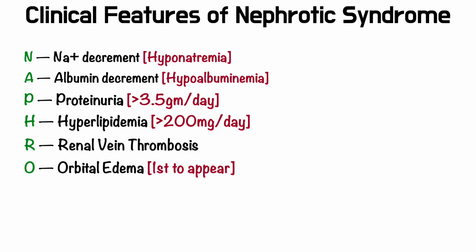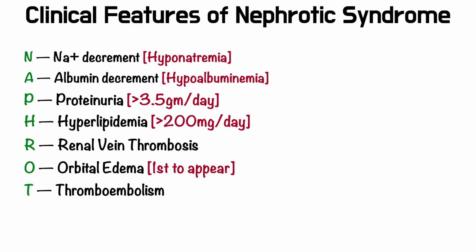O is orbital edema or periorbital edema, and this is the first to appear. So you have to assess where the edema is appearing at first, right? If that is appearing at the eyes, the most common cause behind that is kidney disease. So it will first appear in face, then in limbs, then in body, right? So that is how it will progress.